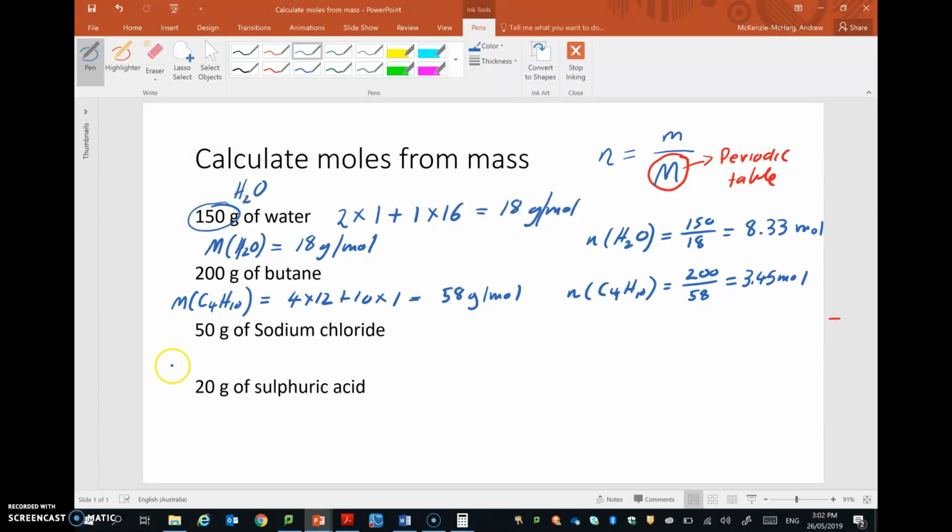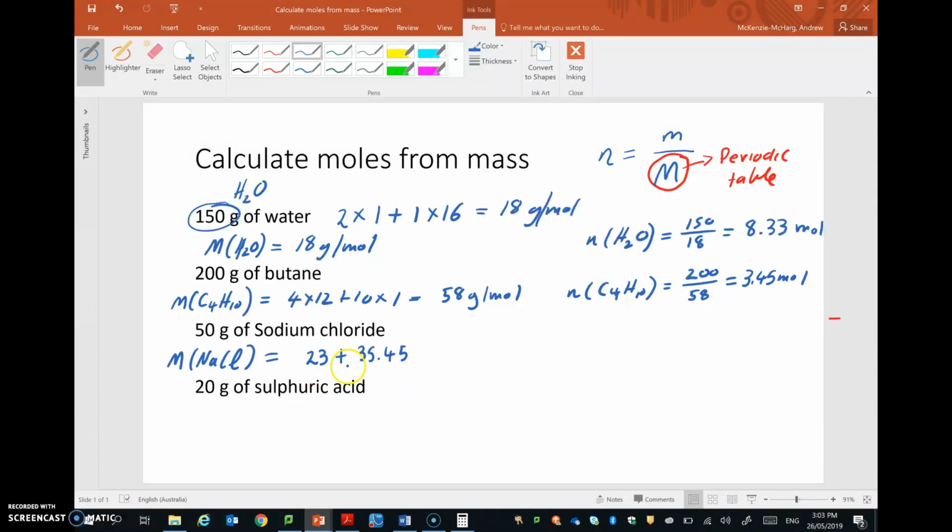Sodium chloride. So the molecular mass of sodium chloride, NaCl, equals, okay, so the sodium is 22.99, we'll just say 23. Now the chlorine is worth 35.45. Now that one we are going to need to just leave as is. So what does that give us?